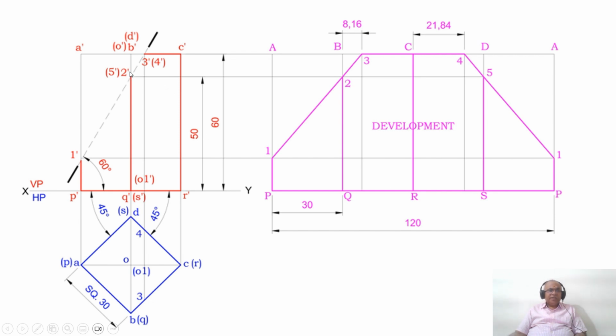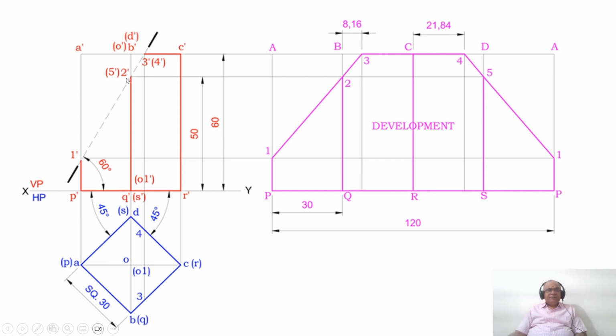Then you have to darken between 2 dash to Q dash, that is B to Q. So you draw a horizontal projector from B dash Q dash, which will cut BQ here, which is 2, and then D dash and S dash. You draw a horizontal projector from BQ to DS till here, so you mark that point as 5.